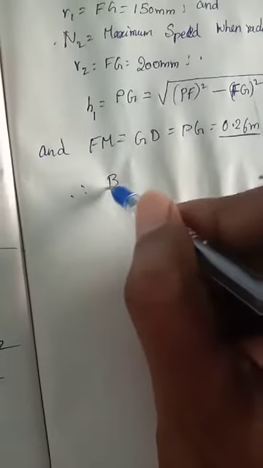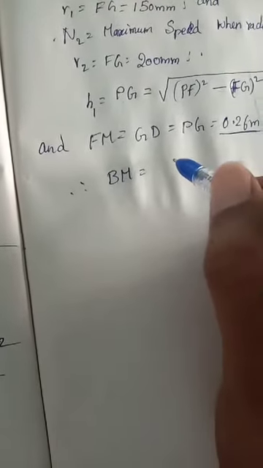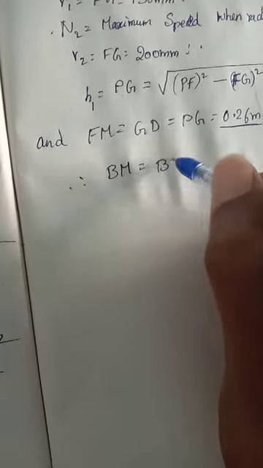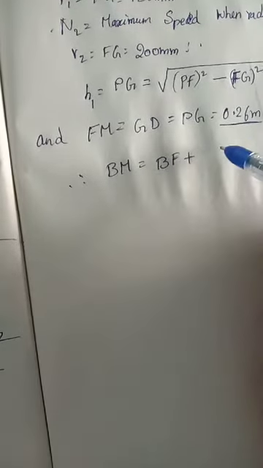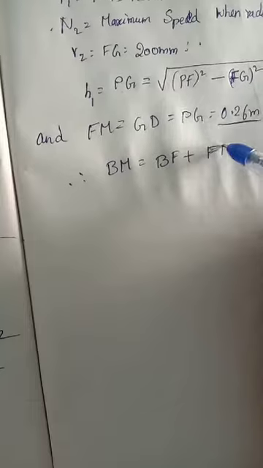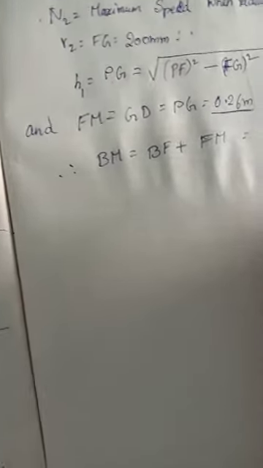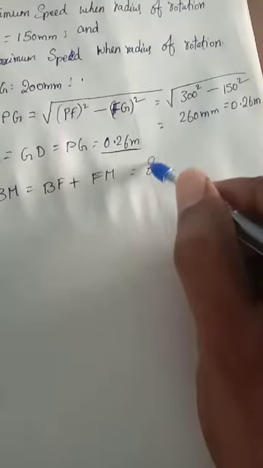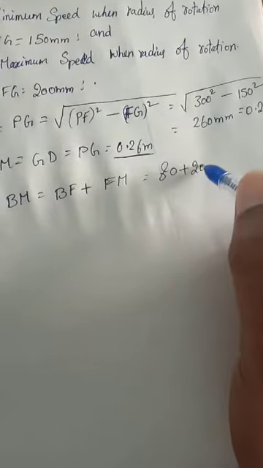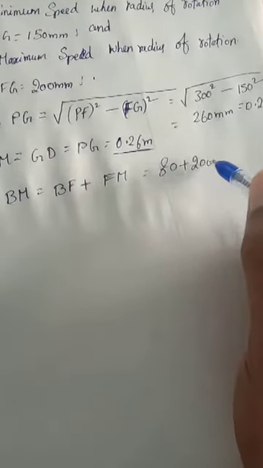So therefore BM is equal to BF plus FM, that is equal to 80 plus 260.